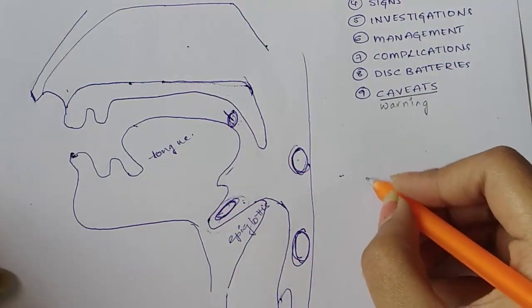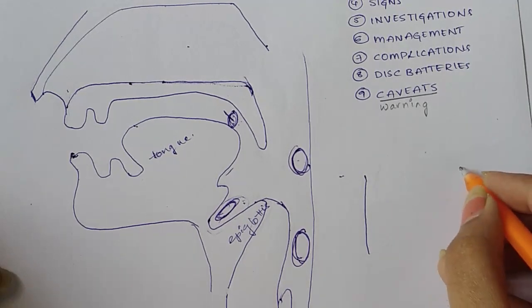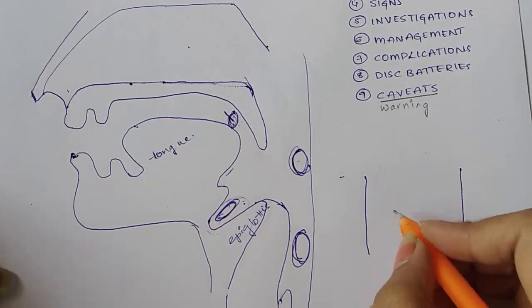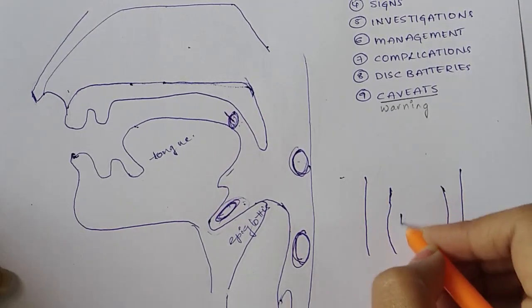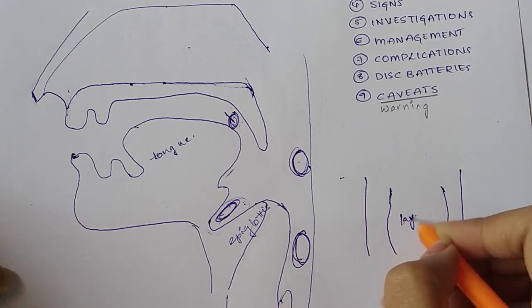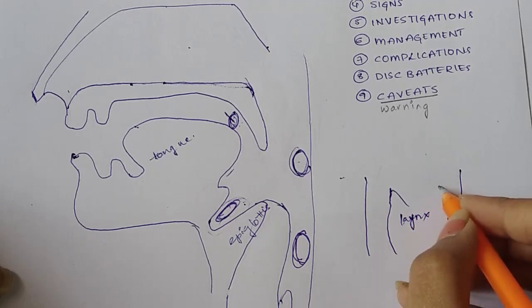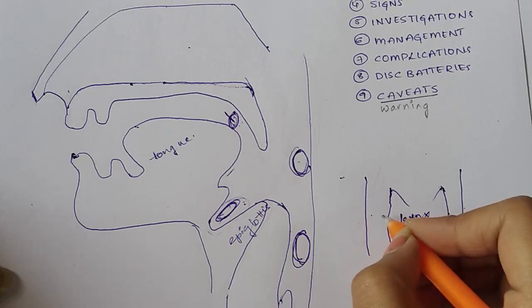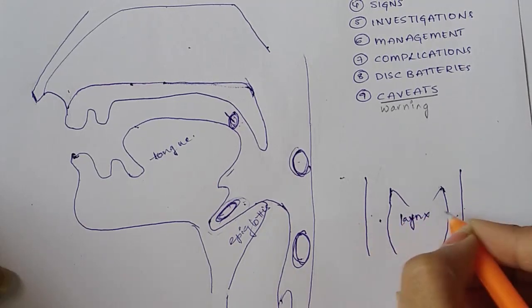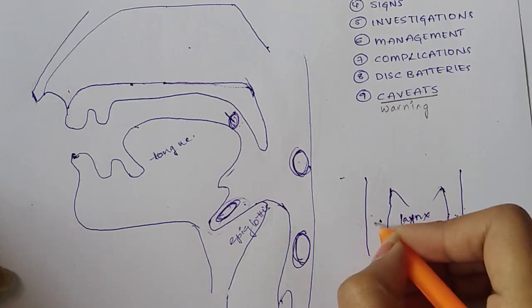For suppose, I am drawing a line diagram. Imagine that this is a larynx and there are laryngeal folds, and on either side of this larynx, this one and this one, these are pyriform fossa.